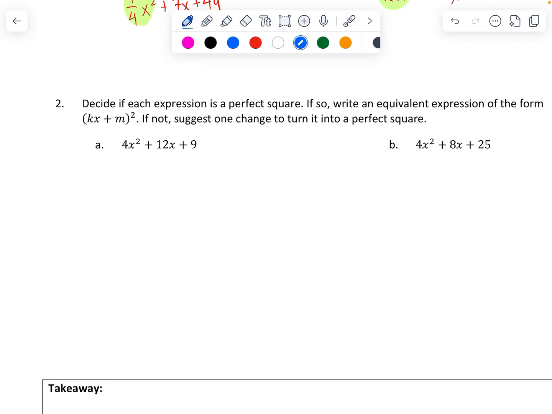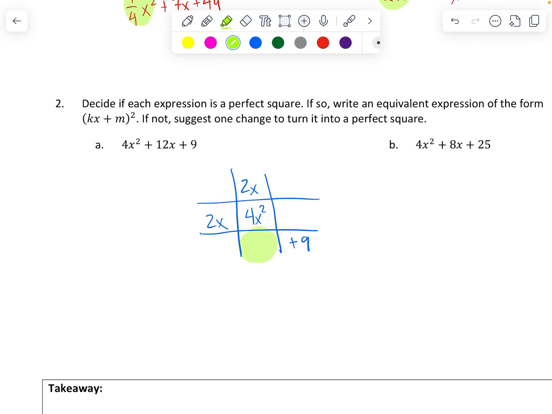And so if we use the table method here, we know that this is 4x squared and this is 9. So if they're perfect squares, this has to be the same as this. The first term of that binomial has to be the same, and then the second two have to be the same. Now we know that this green plus this red has to add up to 12x.